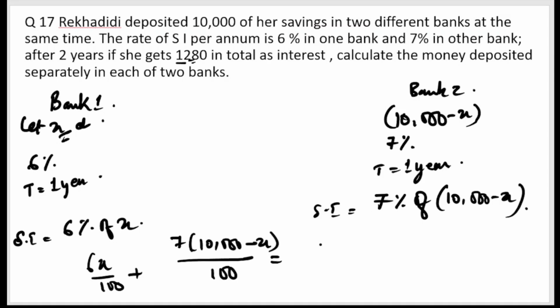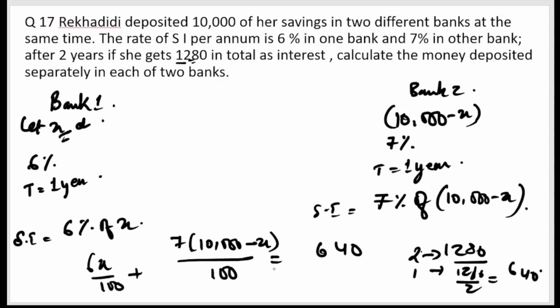That will be equal to 640 because 1280 rupees it is for 2 years. For 1 year it will be 1280 divided by 2, that is 640 rupees.